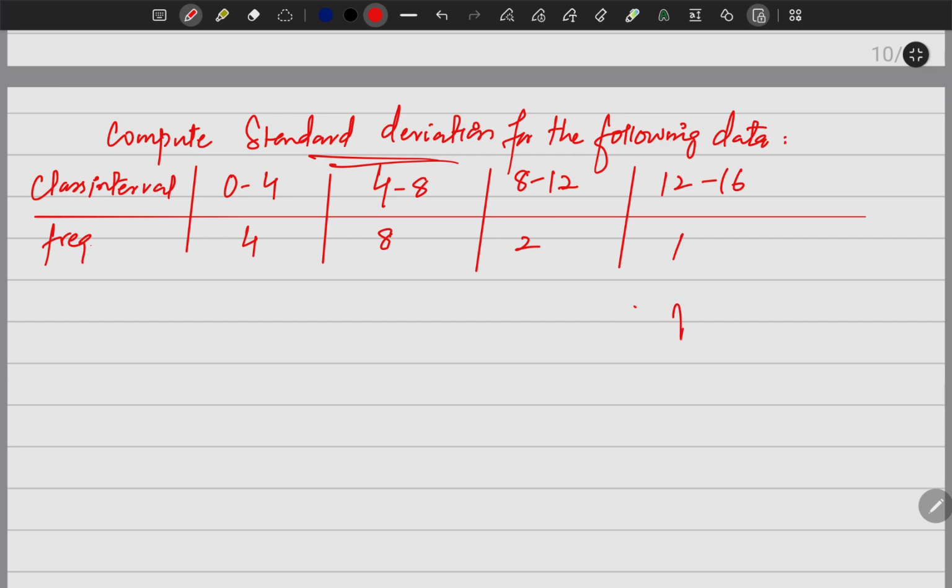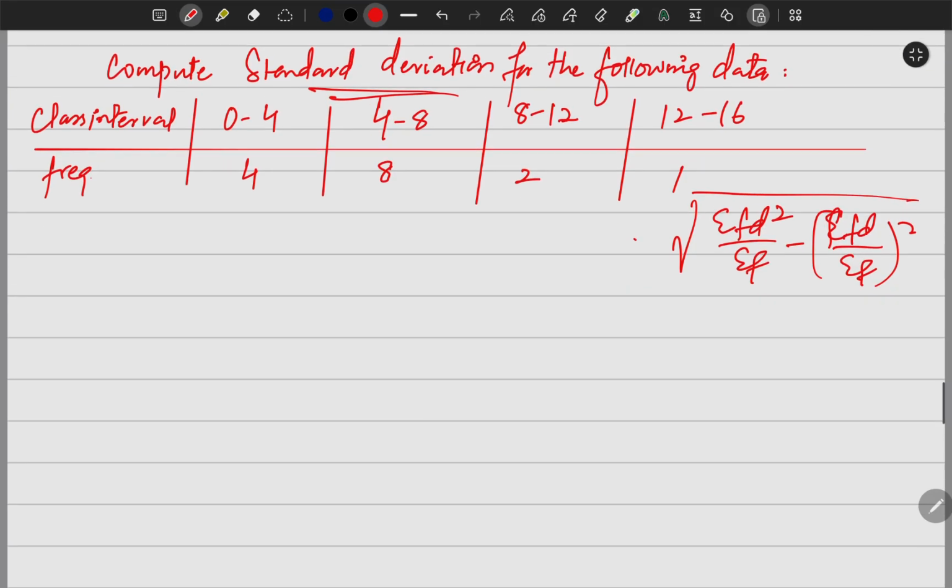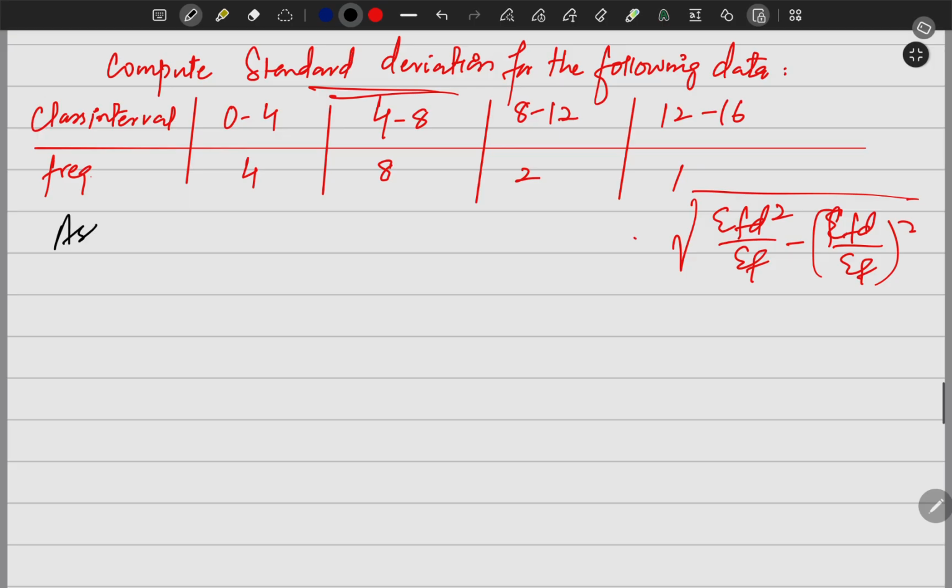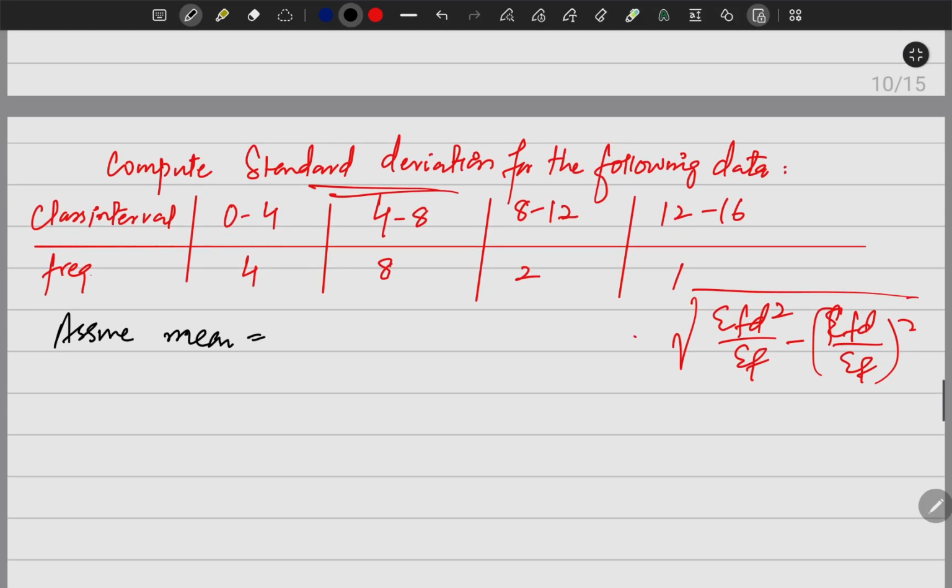So that is square root of summation fd square divided by summation of f, minus summation of fd divided by summation of f, whole square. So we need the f, we need the d. So first we assume our mean a, let's take it 6.